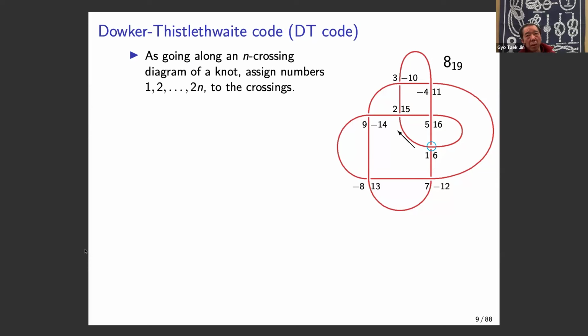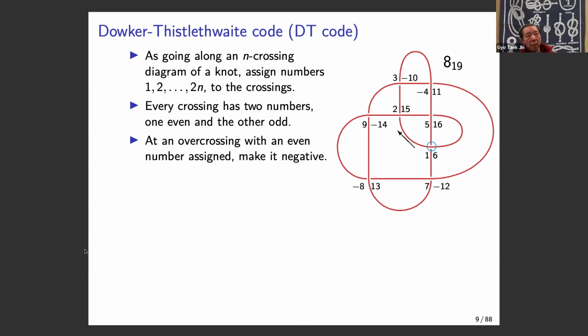So you go in any direction until you come back to the original position. So you assign numbers 1, 2, 3, and up to 2n when n is the crossing number. And every crossing has two numbers, one even and the other odd.